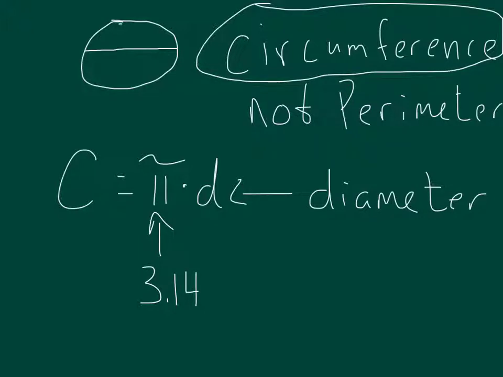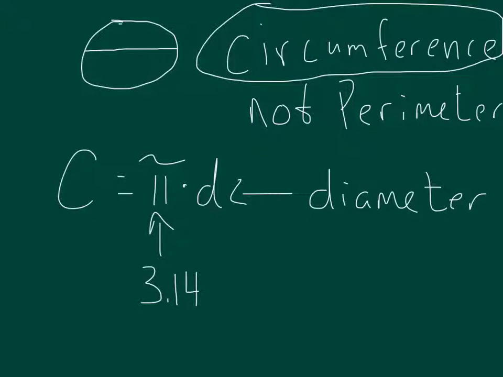You can use either one. It's up to you. But there is a pi button on the calculator. So that is one of the formulas for the circumference of a circle. Circumference just being the outside part of the circle.